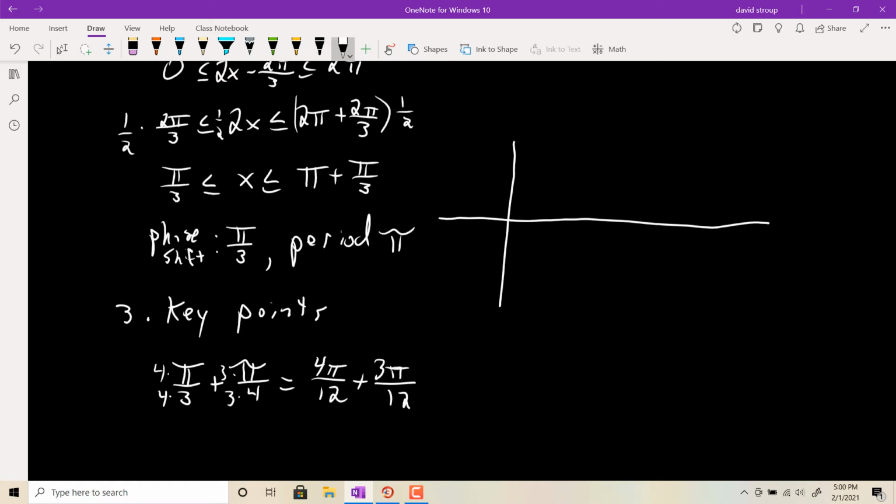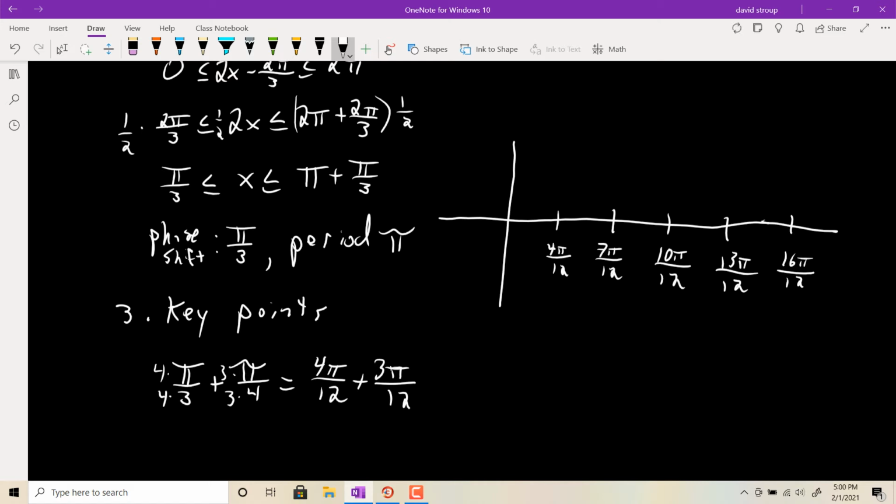So you can go like, what is this, 4 pi over 12, and then move by 3 pi over 12. So this would be 7 pi over 12, 10 pi over 12, 13 pi over 12, and finally 16 pi over 12.